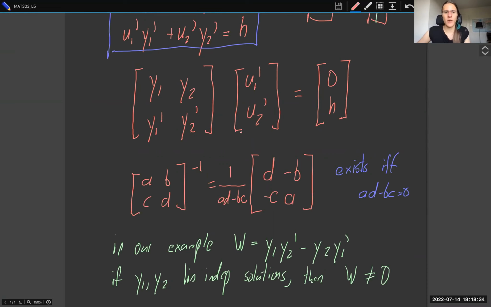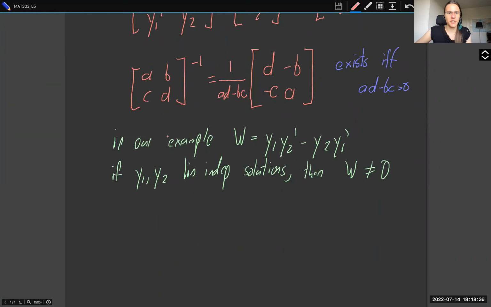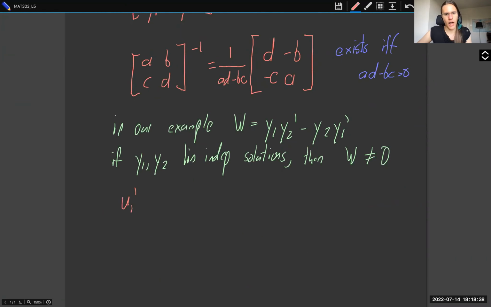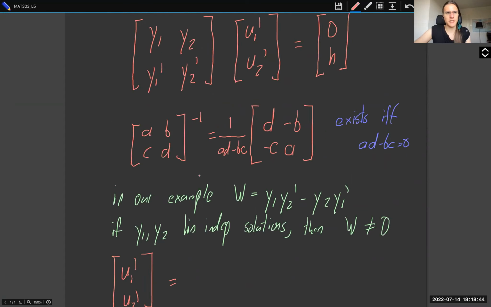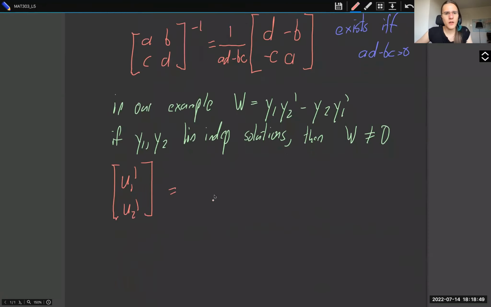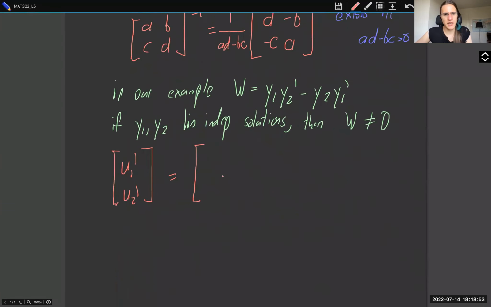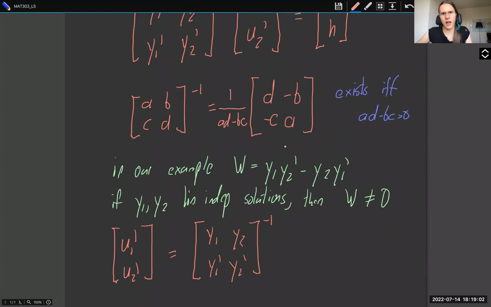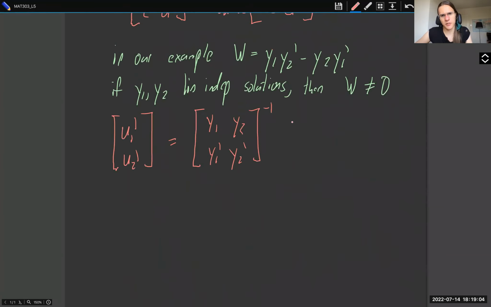And so as a consequence, what happens is that u1 prime, u2 prime is equal to the inverse of this matrix. So that matrix is y1, y2, y1 prime, y2 prime, inverse, times 0, h.